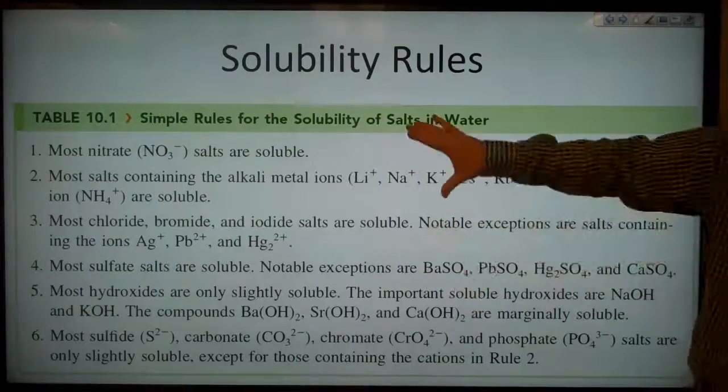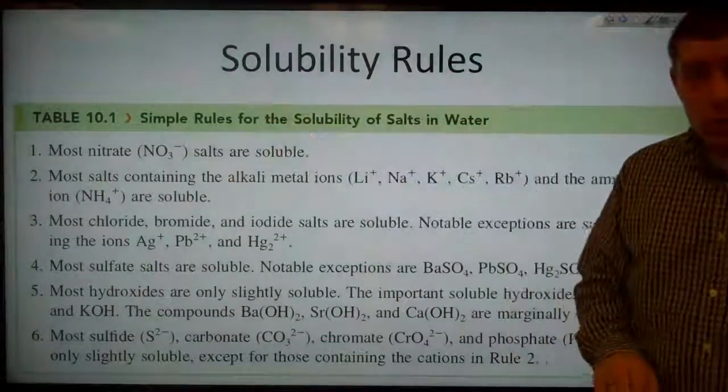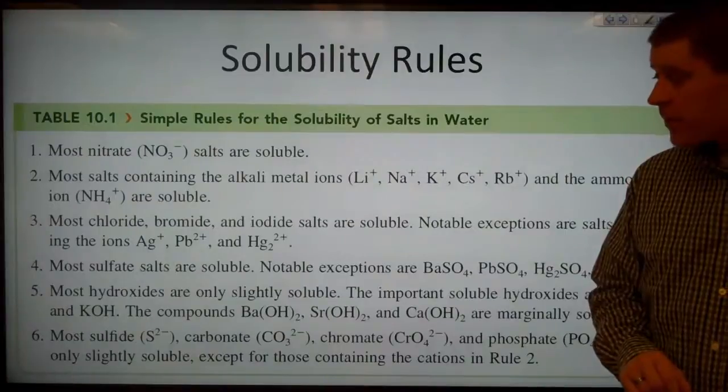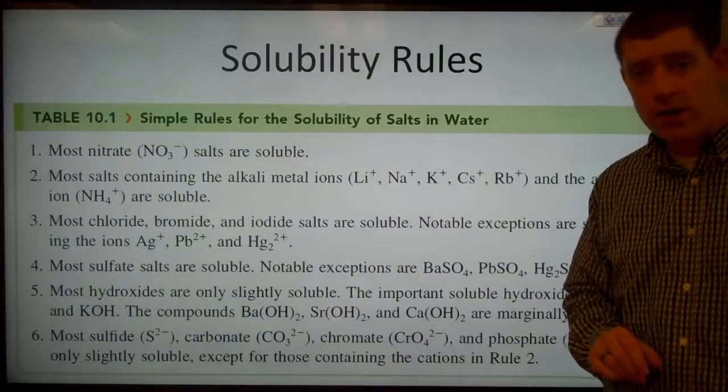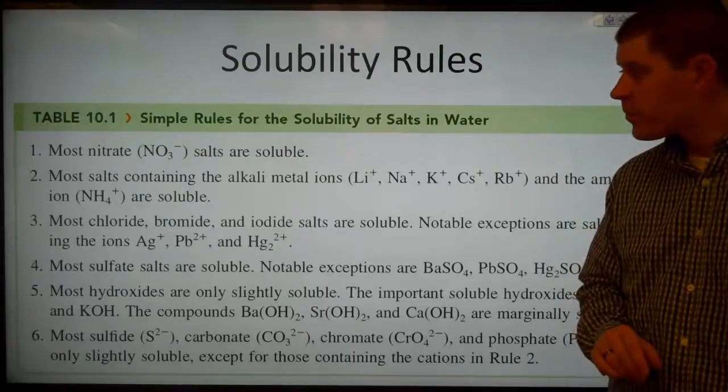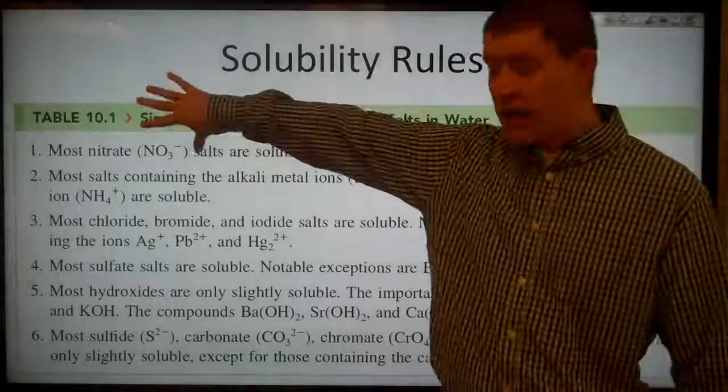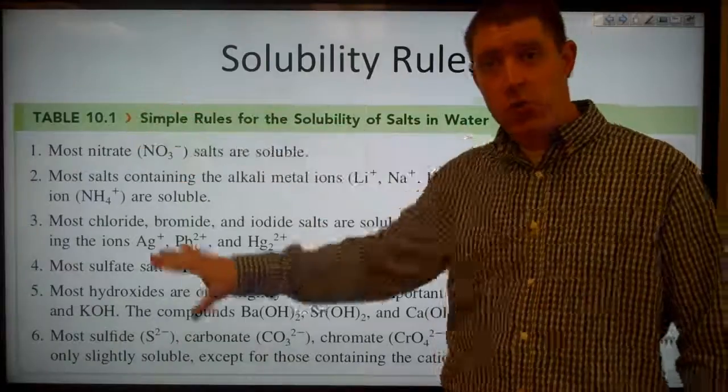So, these are our rules for solubility. They don't cover everything, but they cover most things that you're likely to run into in general chemistry. And the rules at the top supersede the rules at the bottom.